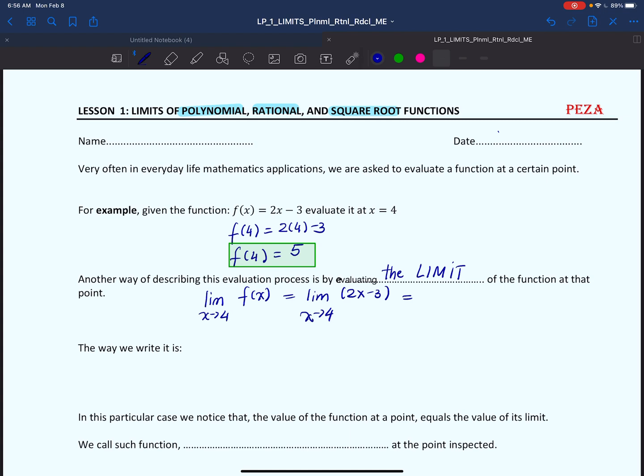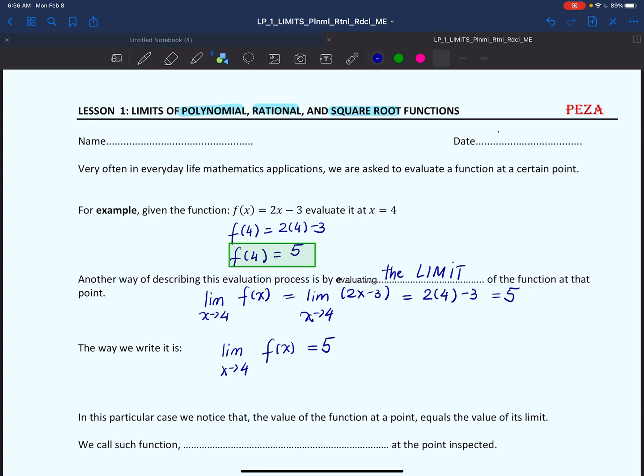And now it's time to evaluate it. 2 times 4, we let x equal 4, minus 3 equals 5. So we're going to say that the limit as x approaches 4 of function f of x equals 5.